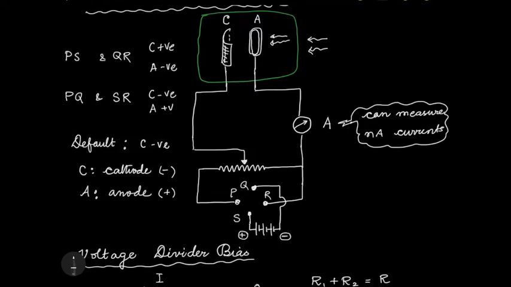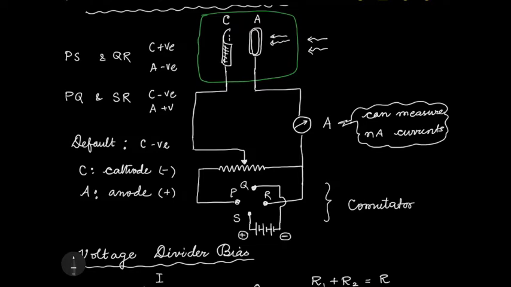We have a commutator here, so this setup is called a commutator. In earlier days, when we did experiments in our labs, there was a very interesting mercury and rocker arrangement for the commutator. Now it is just a switch. But anyway, the default position of the commutator is such that C is a cathode and A is an anode.